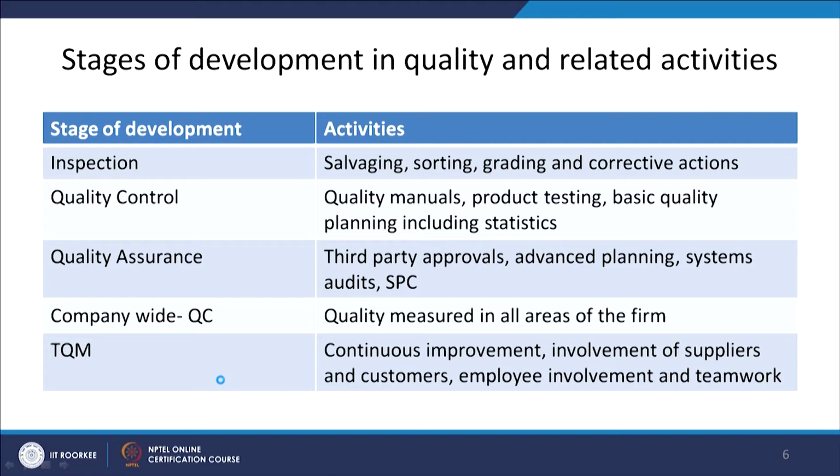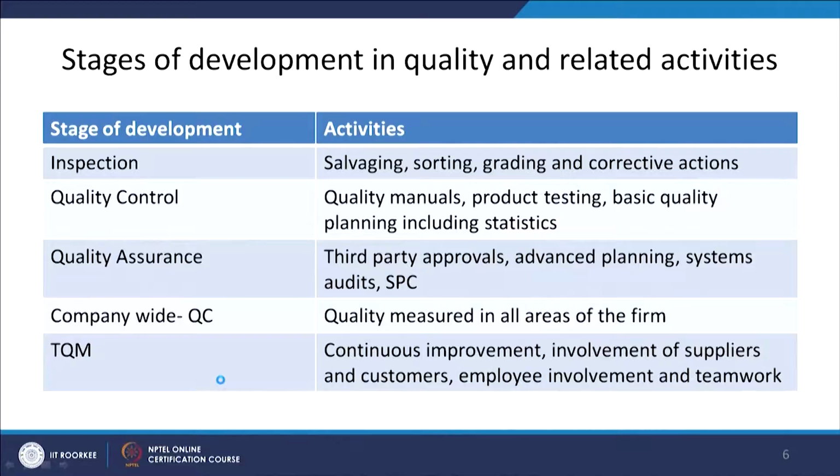So, quality became part of the process itself, not after the process. So, that is the fundamental shift from inspection to quality control. Inspection was taking place once the entire product was manufactured, but now during the manufacturing stage, how you can control the quality, that is the idea of quality control.